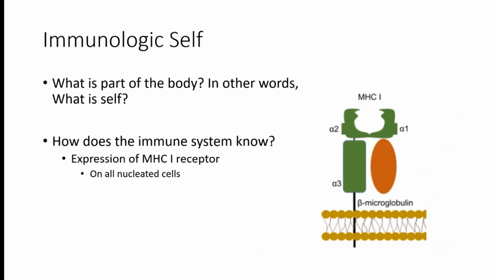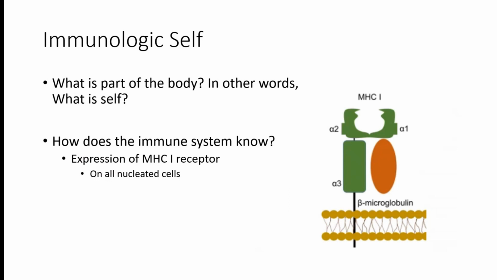In other words, how does the human body know self from non-self? Well, first of all, what does it mean to be self? The immune system, quote, knows, and I'm being a little anthropomorphic here, right? Obviously, the immune system has no cognition, but our immune systems recognize our own cells because all of our cells express a receptor, which is called the MHC1 receptor, which stands for major histocompatibility receptor.